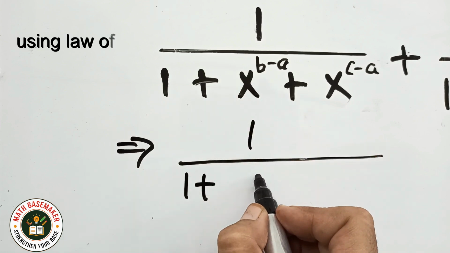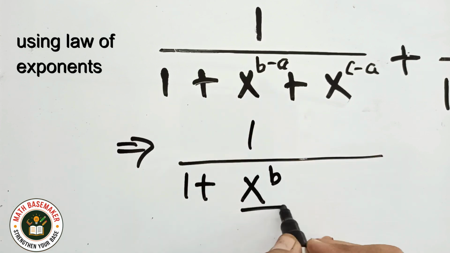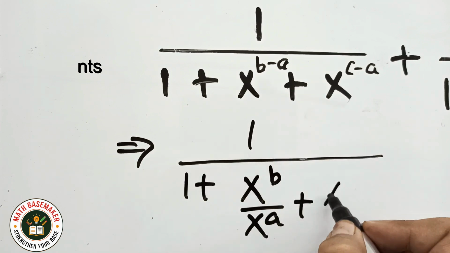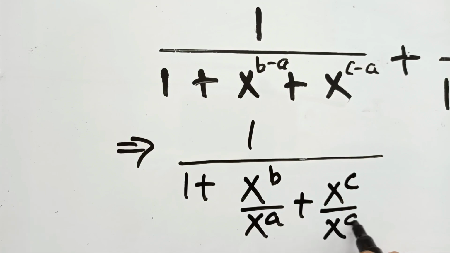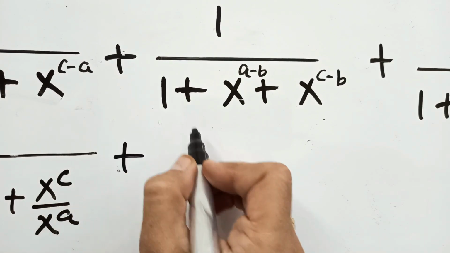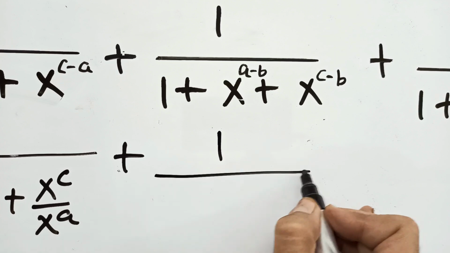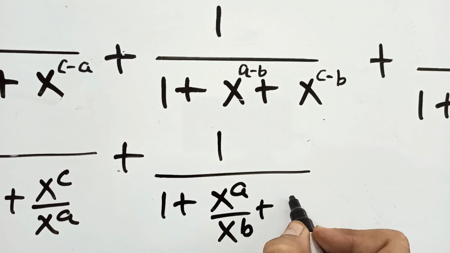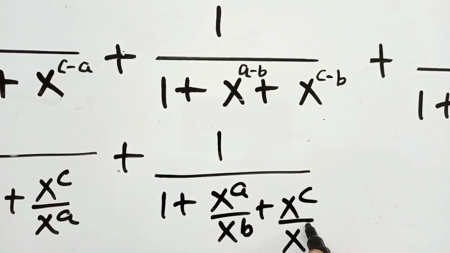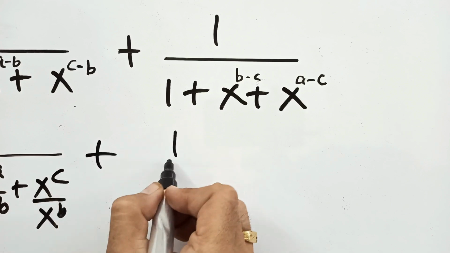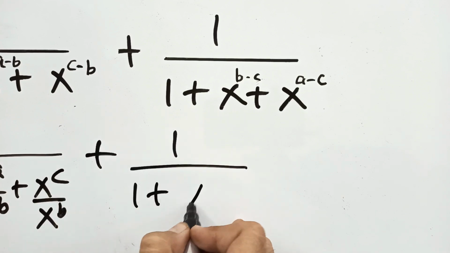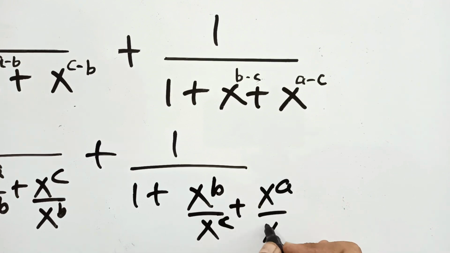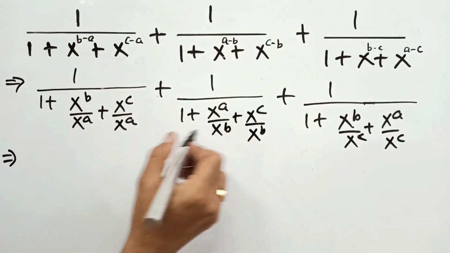We will use here the law of exponents, x to the power b upon x to the power a. This we can write. Similarly, this will be x to the power c upon x to the power a. Similarly, let us solve the second term. Third term. Now let us solve these fractions.